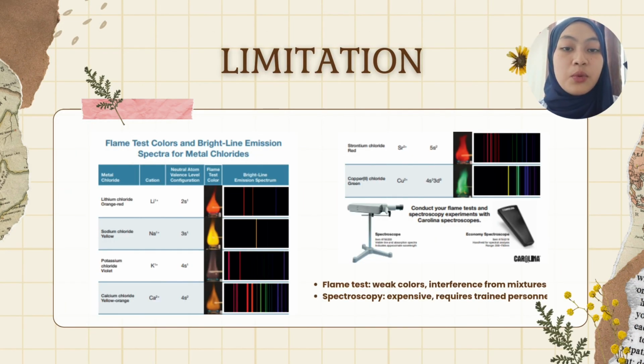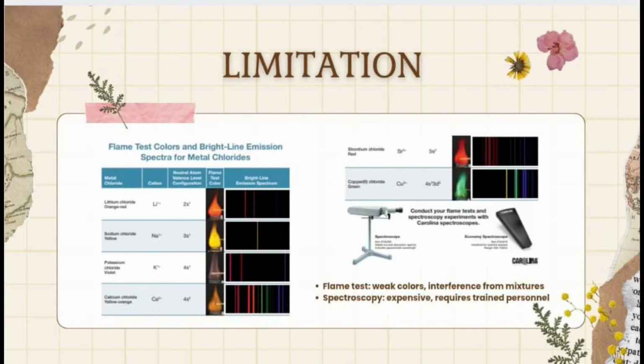The flame test has a weak color and it suffers interference from mixtures. Meanwhile, spectroscopy is expensive and it requires trained personnel. The figure here is an example of the flame test color and bright line emission spectra for metal chloride.